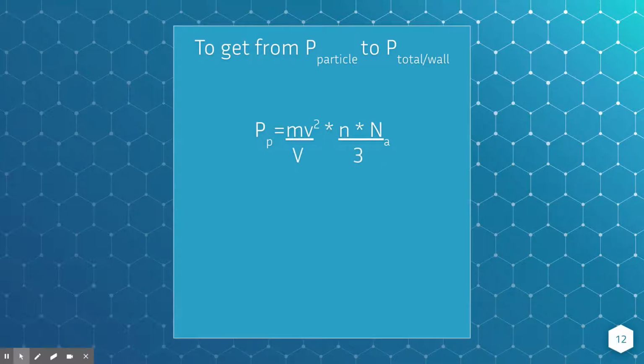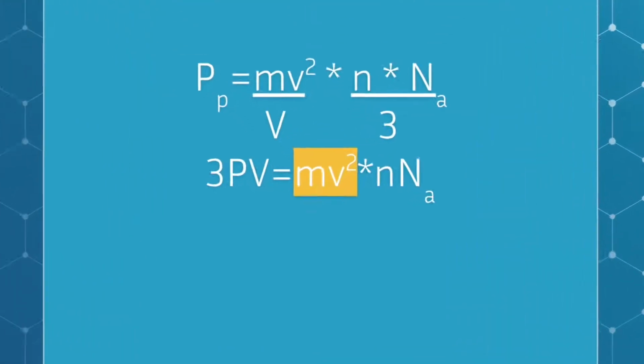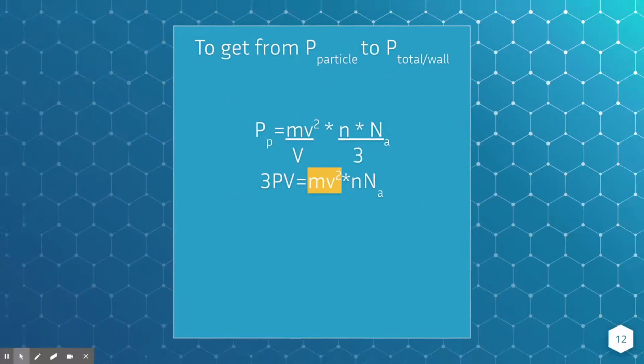However, we want to get the end product of K times the number of particles isolated. So let's move the 3 to the other side. Do you see a variable that has the mathematical potential energy, haha, funny, to translate over to become kinetic energy? I certainly do, and that's why I highlighted mv squared. Since the K of a particle is 1/2 mv squared, let's divide the whole equation by 2.